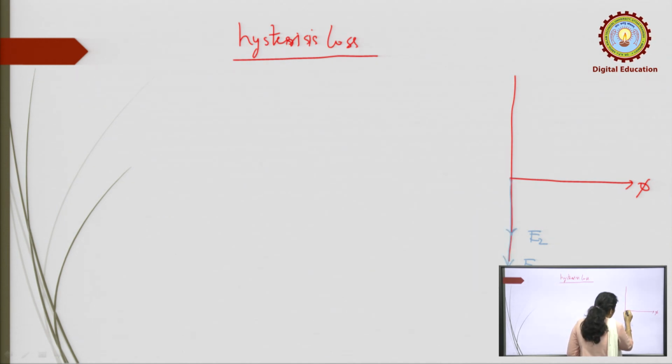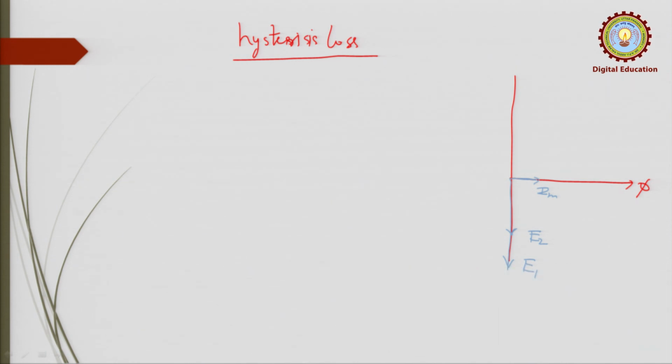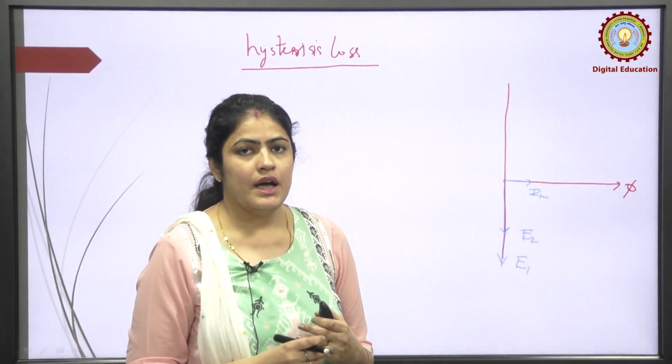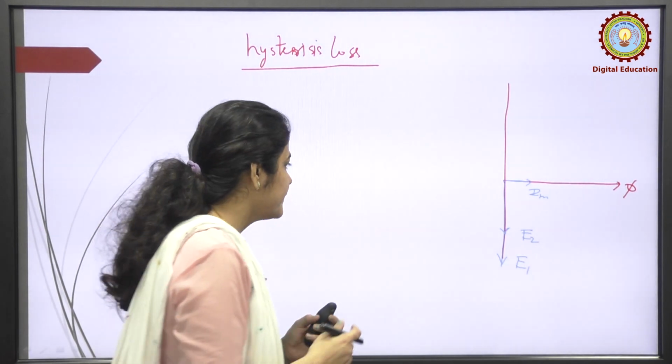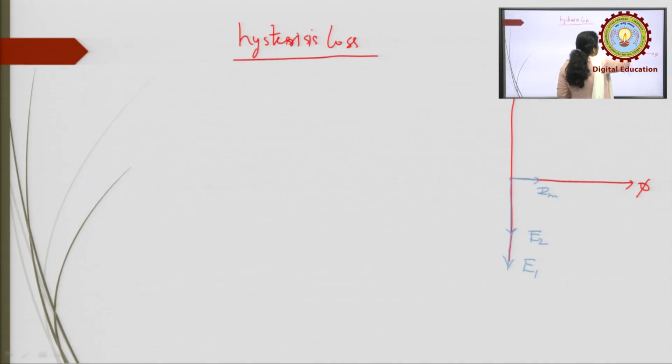But in a practical transformer you have to take some larger magnetizing current, because the core material is highly permeable, that is fine, but the permeability is not infinite. So this is the phasor diagram of the ideal transformer.